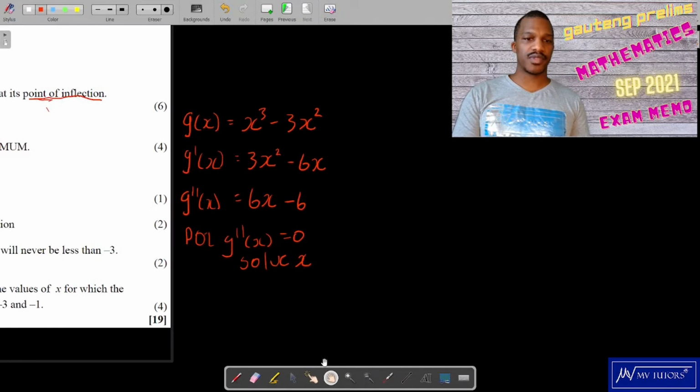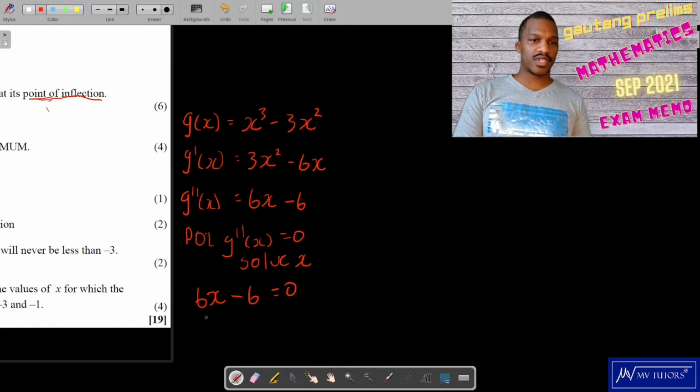Let's come this side, let's give ourselves more space. So now we have g double prime, which is 6x minus 6. We equate it to 0. Let's do some mathematical gymnastics now.